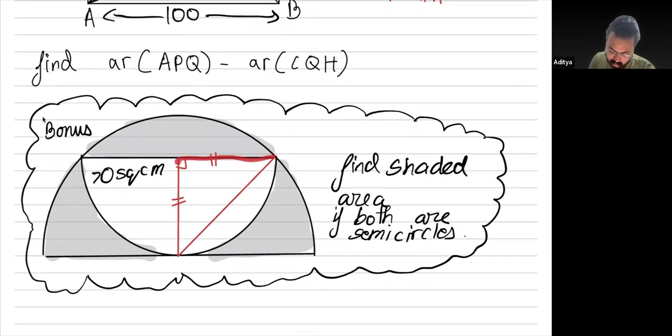These are two equal lengths because they are the radii of this smaller semicircle. And this is the radius of the larger semicircle. All this I am writing as 90 degrees from symmetry only. You can join this segment also over here. There will be two triangles.